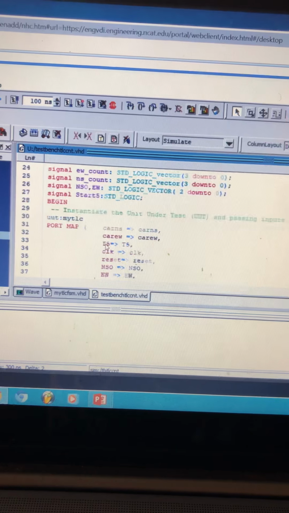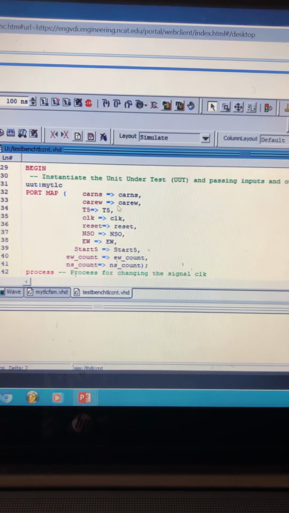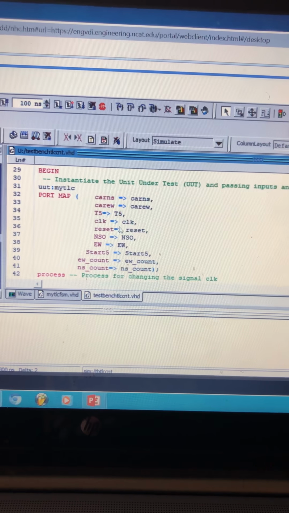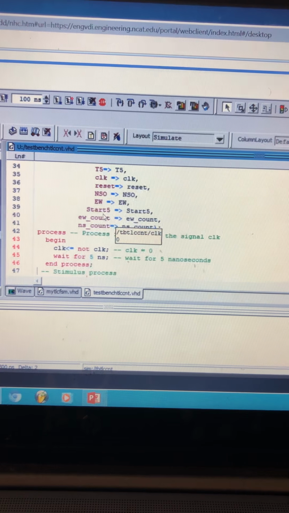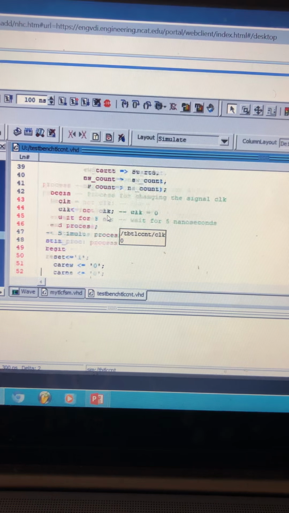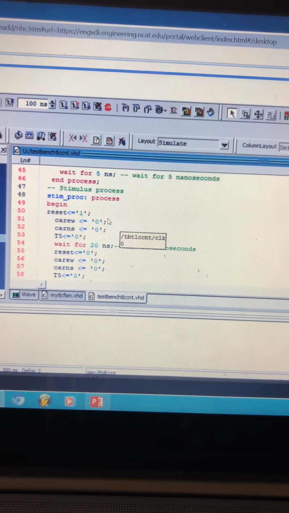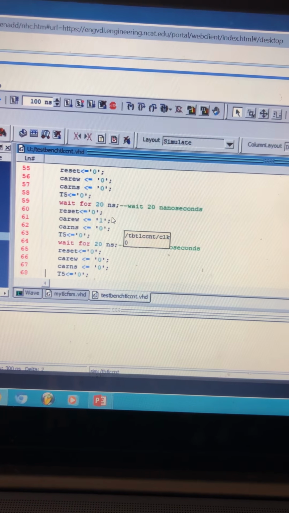And then I instantiate the unit under test and assign the corresponding signals to the inputs and outputs of my component. And then I have my clock process and my stimulus process where I go through each cycle of the finite state machine.